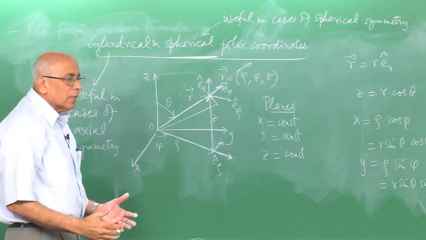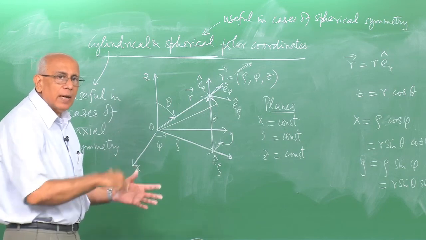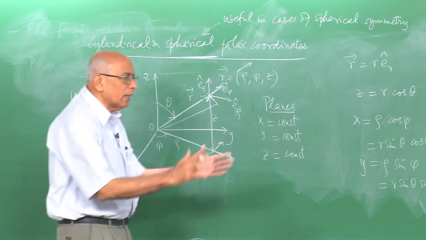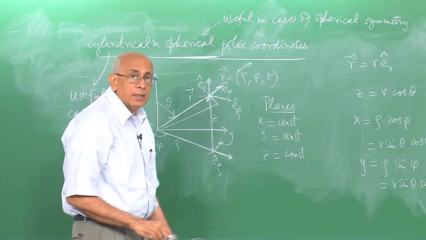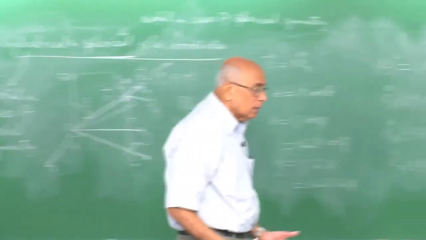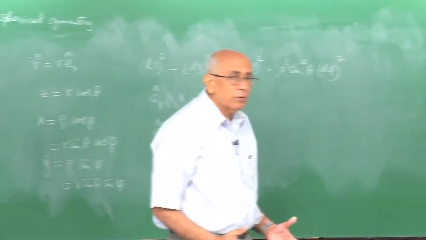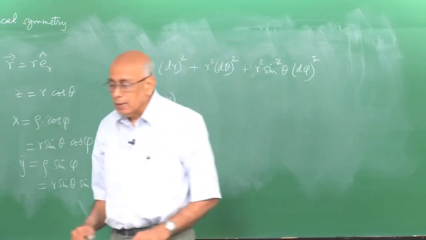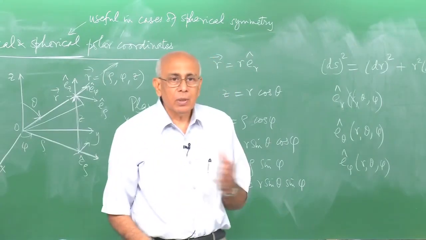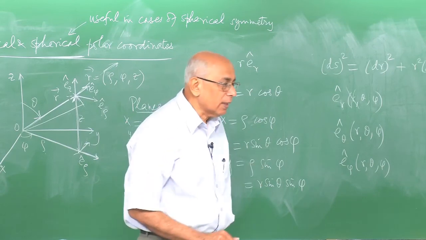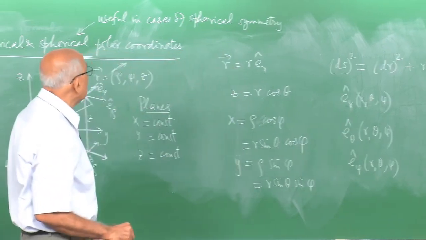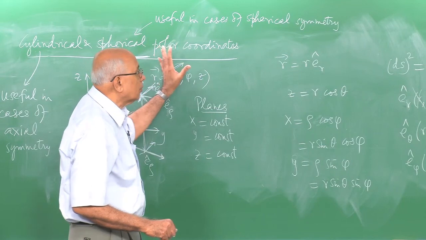Where you have something which does not depend on the actual polar angle or the azimuthal angle, but only on the radial distance from the origin, such as the inverse square law of force. This force depends only on the distance from the origin, in magnitude at least. It does not depend on which direction you are in with respect to the center of attraction or repulsion, and then it's very useful in such cases to use spherical polar coordinates.